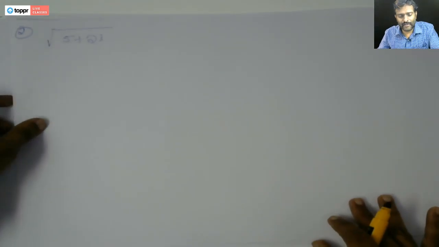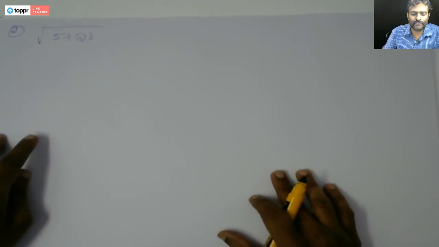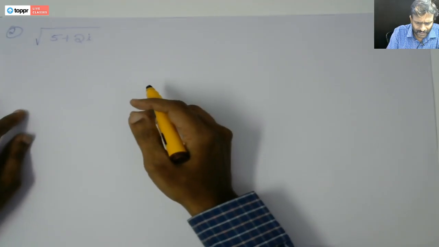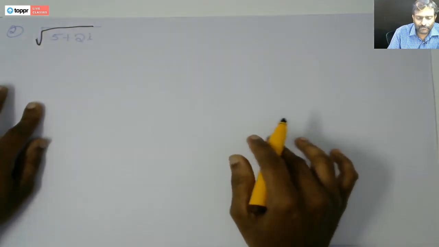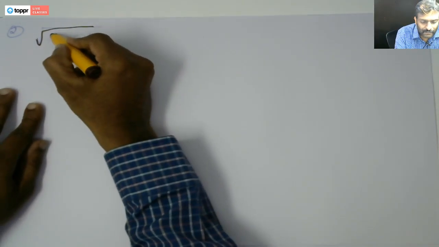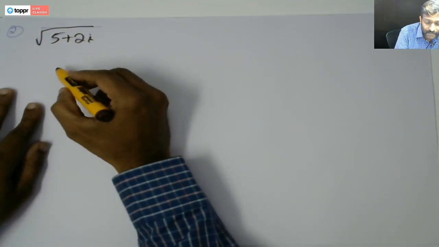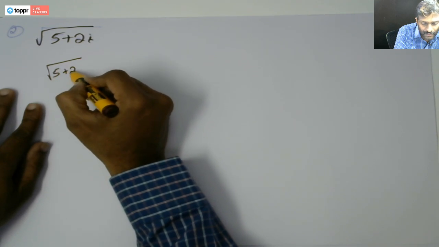Now let us try to find the square root of another complex number, which is 5 plus 2i. So you can use the same rule, but here we have a real part, 5, and this is 2i, right? So let us again use the same thing we used earlier.